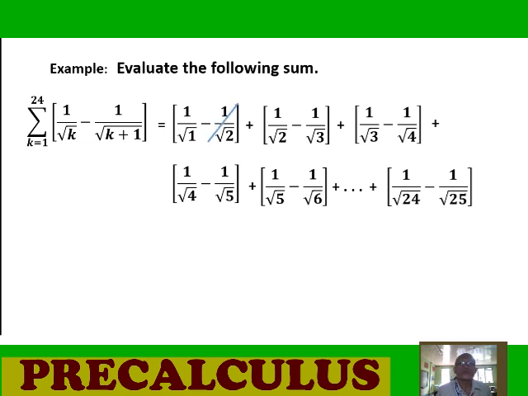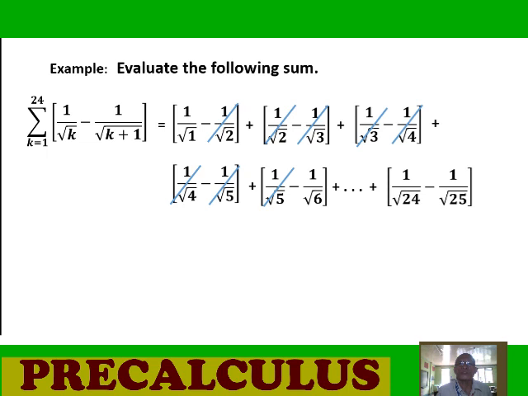Negative 1 over square root of 2 is cancelled with the positive. Negative 1 over square root of 3 cancelled. Negative 1 over square root of 4 and positive cancelled. Negative 1 over square root of 5 cancelled out.